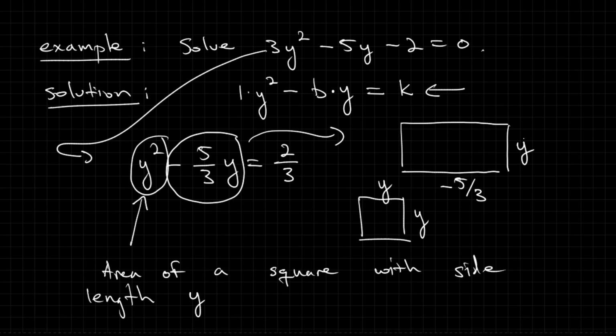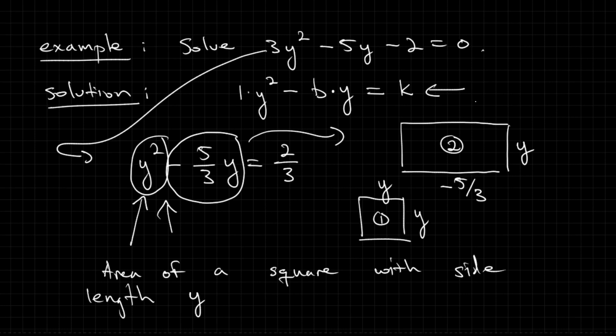So notice that this second shape, let's call this the first shape, has area length times height, which would be negative 5/3 times y. And if you add these two areas, then you get the expression that's on the left-hand side. So the area of shape 1 and shape 2 is y squared minus 5/3 y.